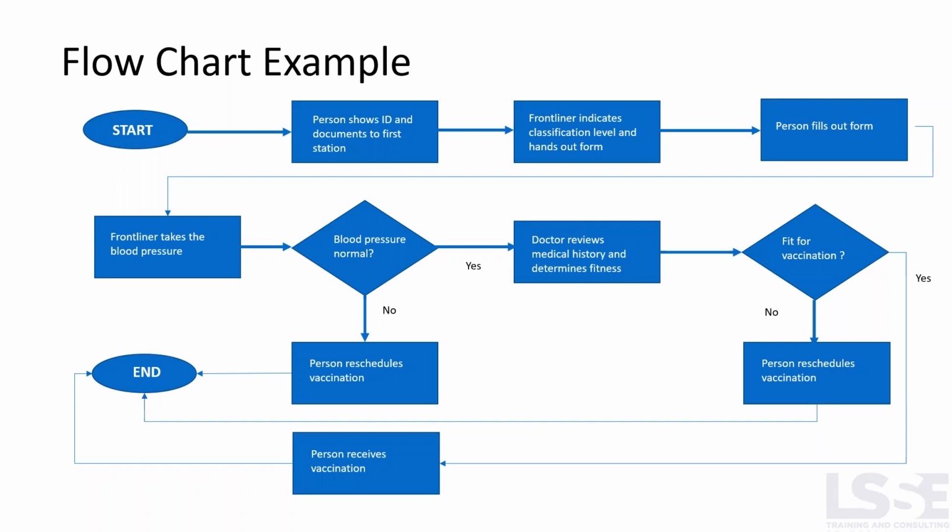The process that we had in my province was that if I would go for a vaccination, I would show my ID to a station, and there's a frontliner there who will indicate my classification level. Sometimes they segregate the senior citizens from people at risk or regular people.